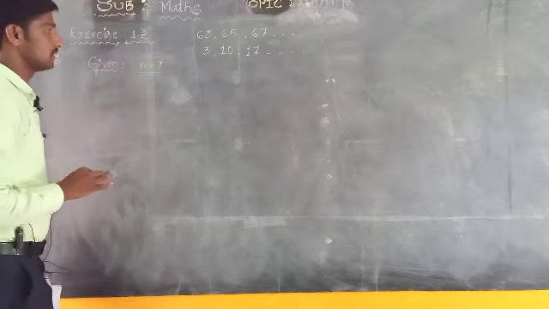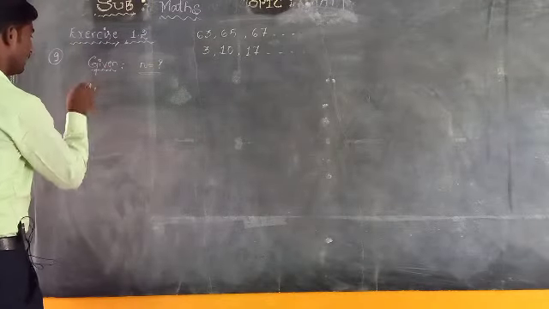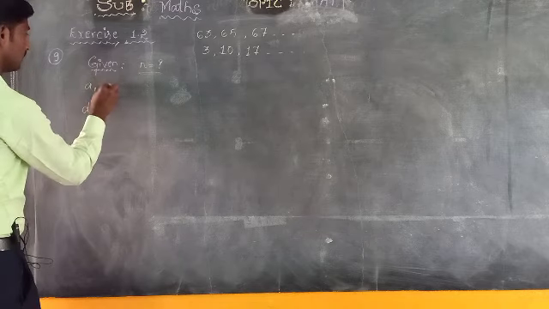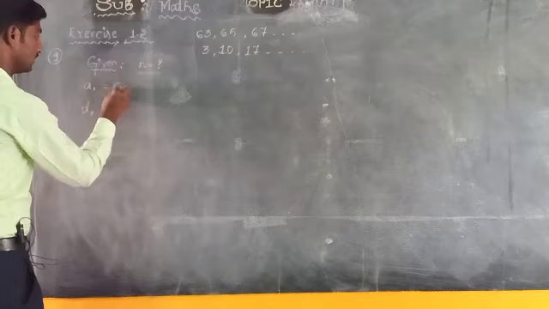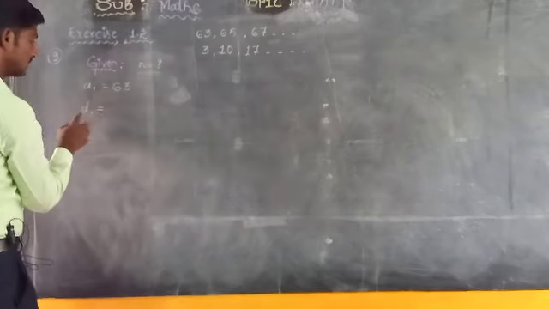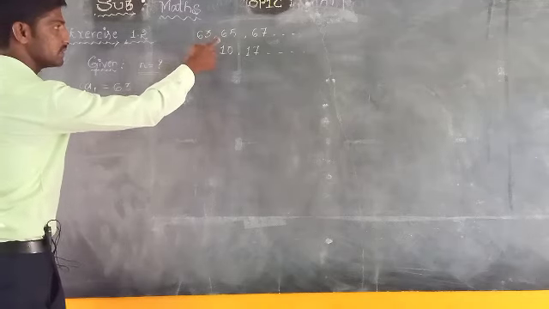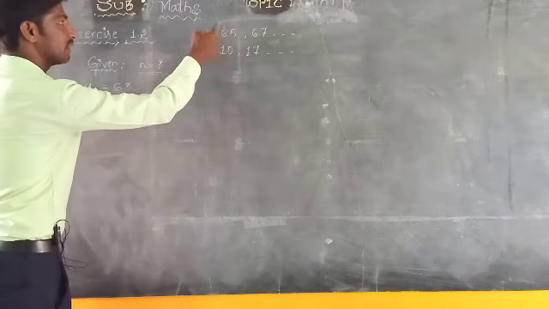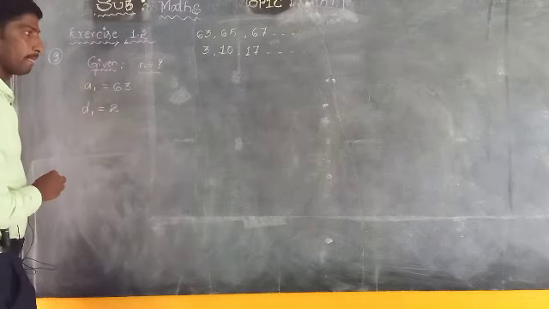According to that, I need to find first of all the given data A1, D1. A1 is the first term of the first AP, that is 63. D1 is the common difference of the first sequence: 63, 65, 67 means 65 minus 63 is 2, that is plus 2 each time.